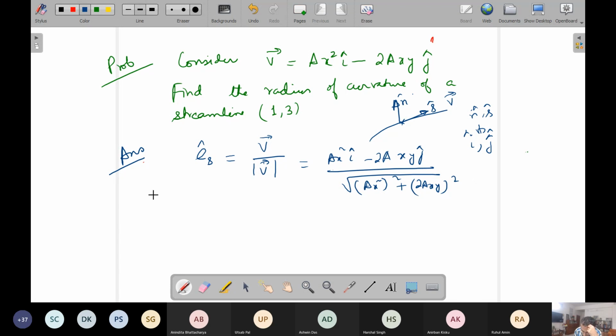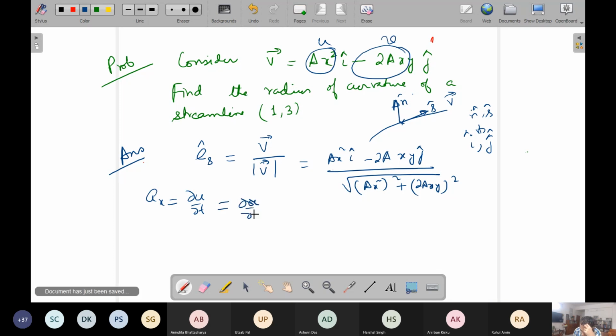Now what is the acceleration? Acceleration along x. So this is u and this is v. The acceleration along x is, so this will be 0, this will be 0, but you will get some expression.